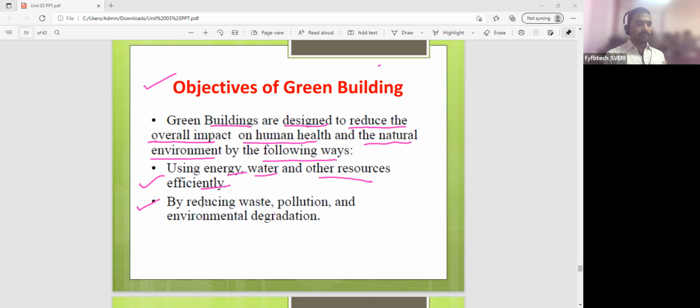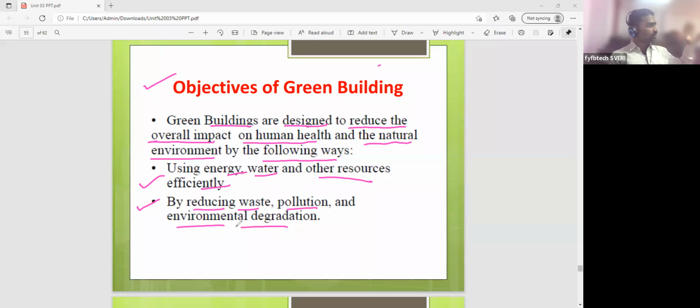The second one is reducing waste, pollution and environmental degradation. Whatever waste is generated should be reduced first, and pollution and environmental degradation should also be reduced. Nowadays the rainfall is day by day going lower, not coming as expected as in previous decades.